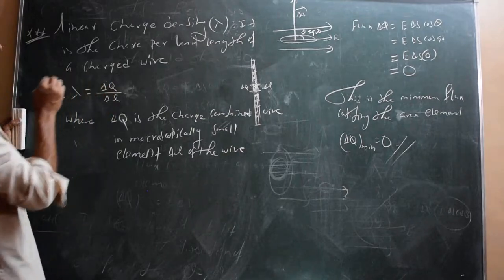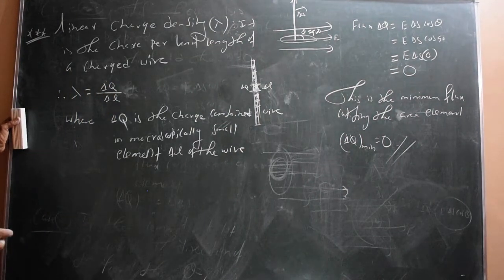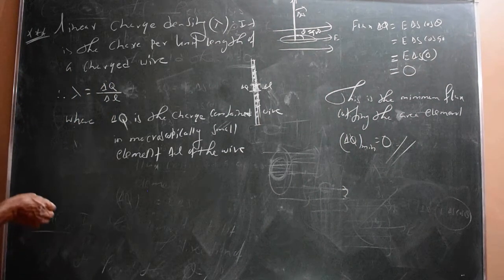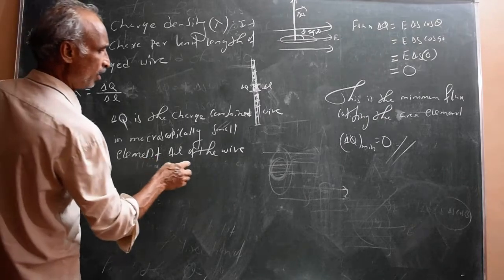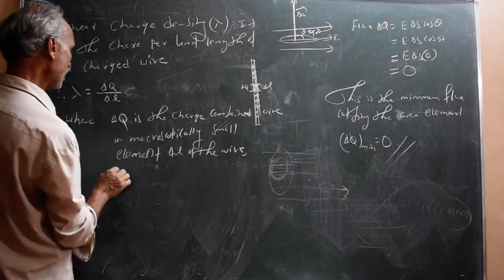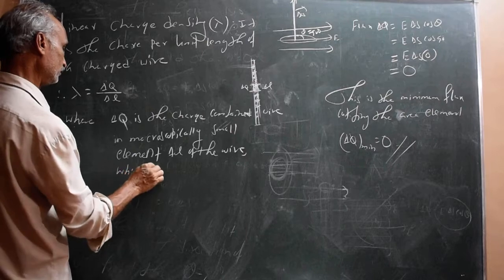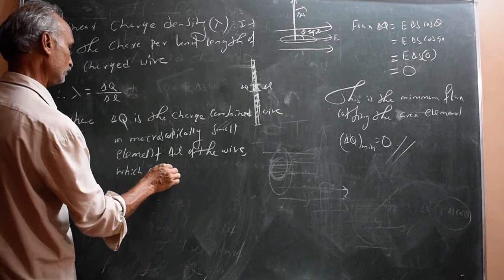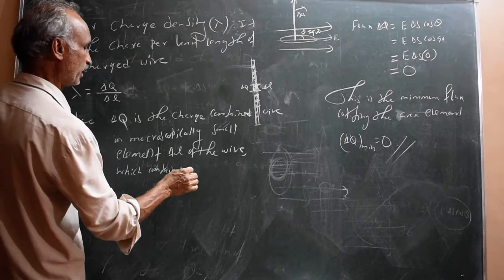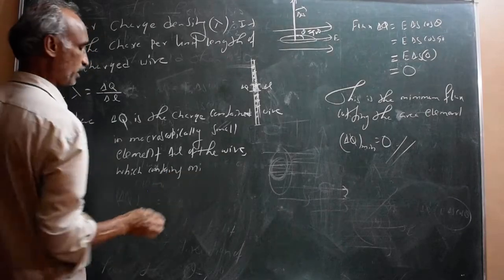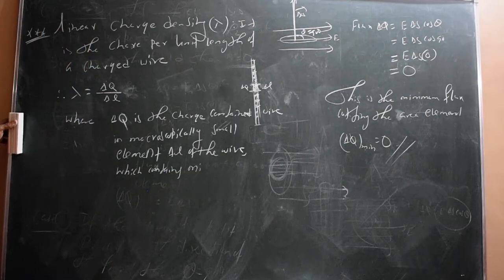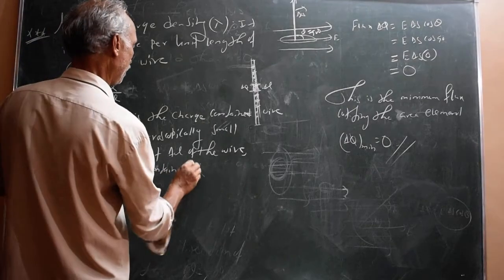The explanation for delta L should be given, and only then is the definition complete. The element delta L of the wire contains a large number of microscopic charge constituents.